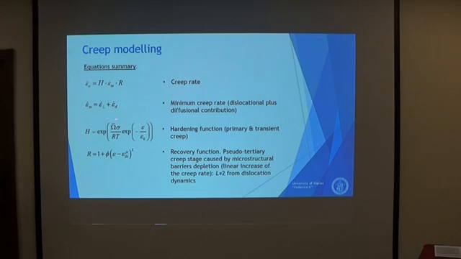The first one is the dislocational contribution, and the second one is the diffusional contribution. The H function is a hardening function to account for primary and transient creep. We need the recovery function to describe the initial increase of the creep rate in the tertiary stage.